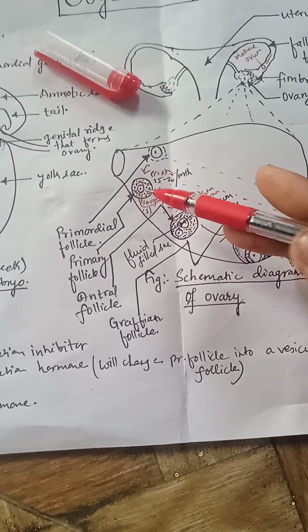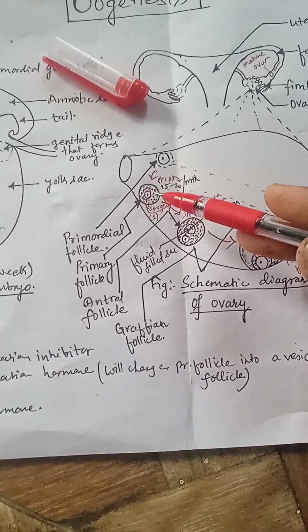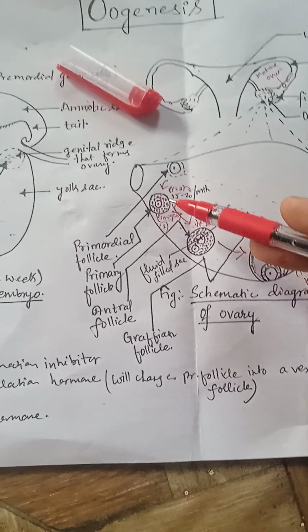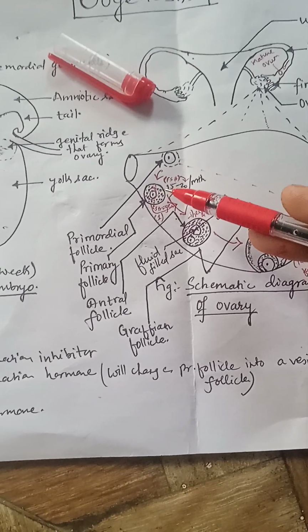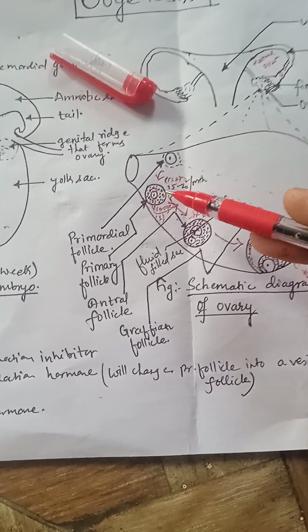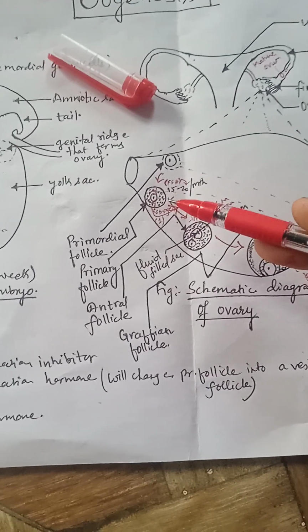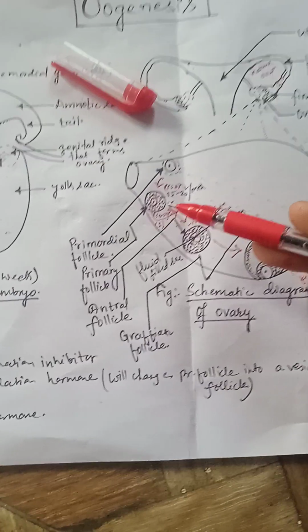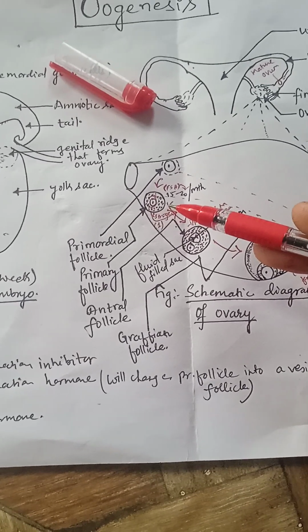As the primary follicles grow in size, they produce a hormone called estrogen that, through the flow of blood, reaches the hypothalamus region of the brain, and now follicle stimulating hormone will be stopped and estrogen will start to be secreted.